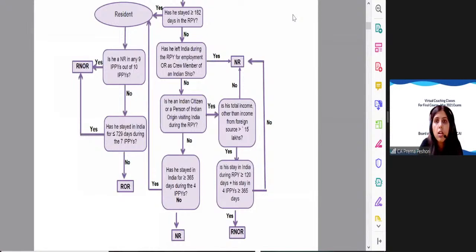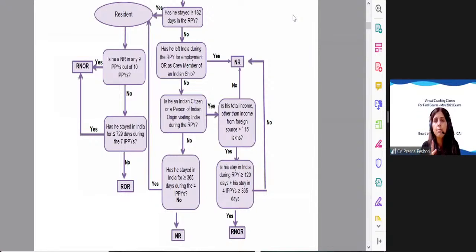Okay, Mridula, you're asking about the increase in total income. So what do I mean by that? When I say what is the difference between NR and RNOR, for RNOR the total income increases because it also covers income from a business controlled or profession set up in India, which is not taxable for NR.